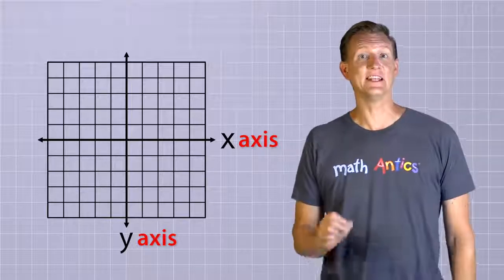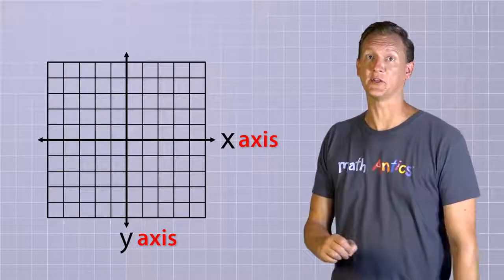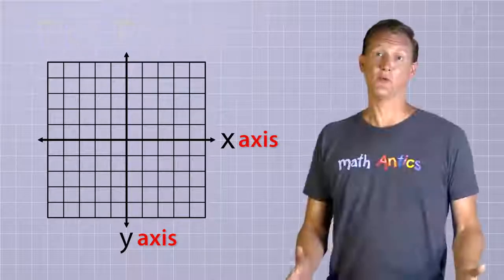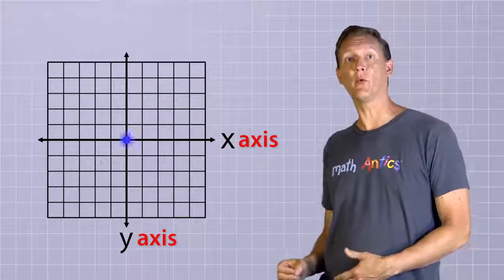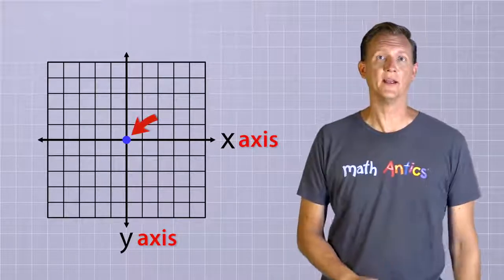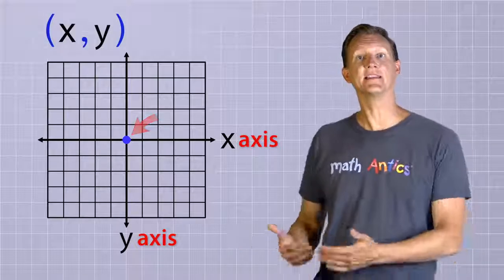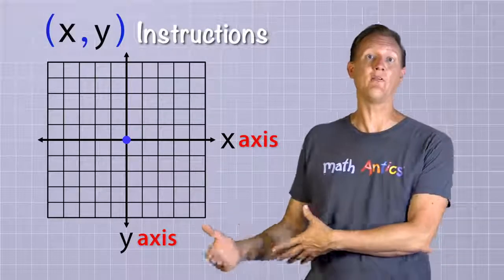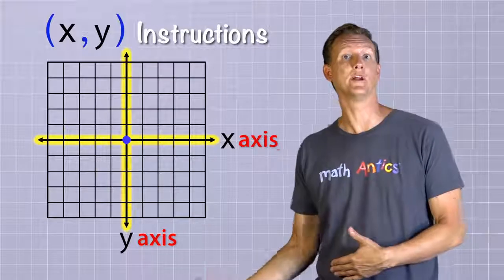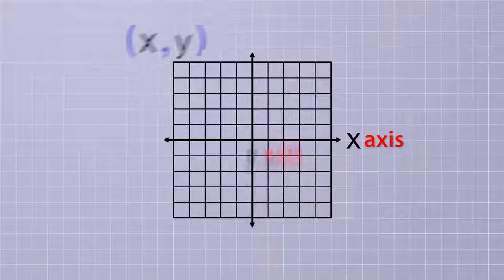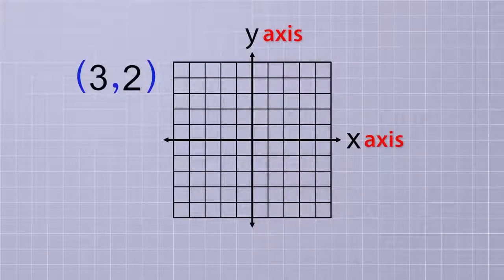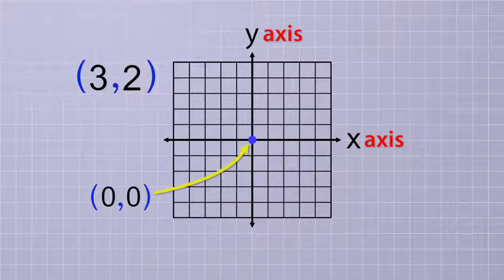But I want to show you an even easier and more intuitive way to actually plot points. This more intuitive way involves starting with a point at the origin of the coordinate plane and then treating the coordinates like a set of simple instructions that tell you how far to move your point in the x and y directions. For example, to plot the coordinates (3, 2), like before, we start by imagining a point at the origin, (0, 0).